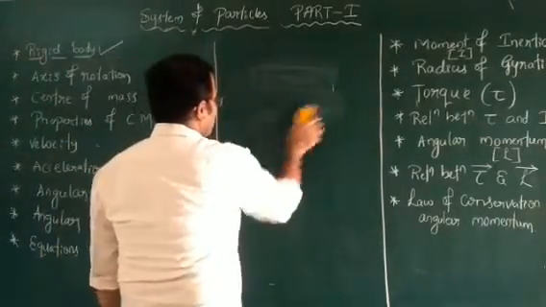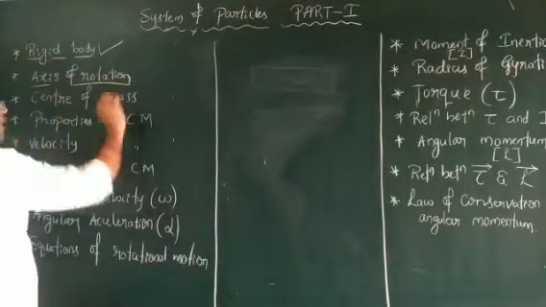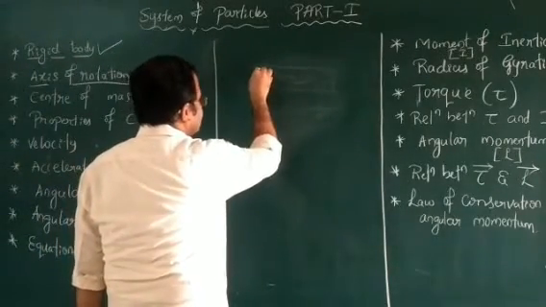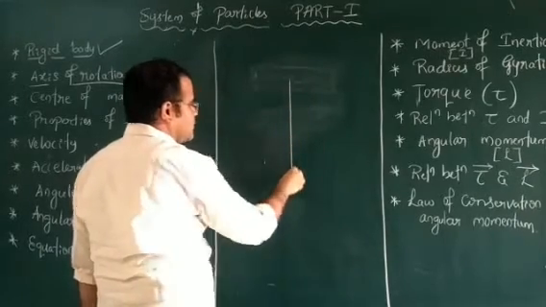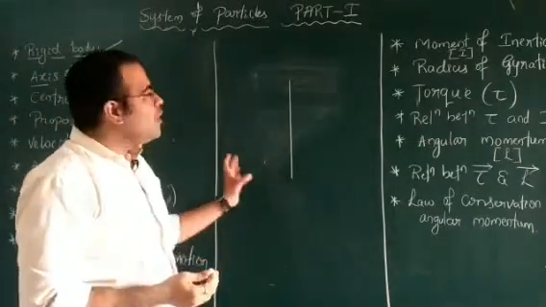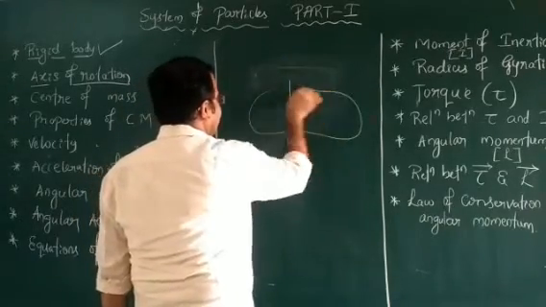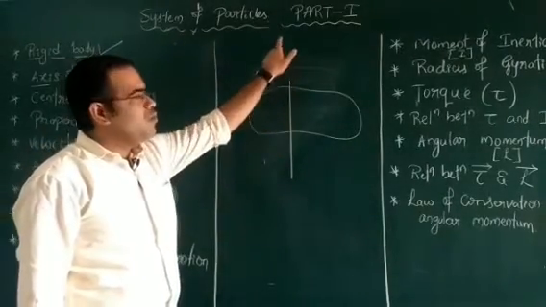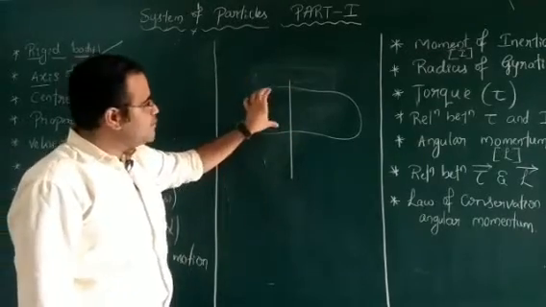Next, what is called an axis of rotation? For example, if we consider this is a body, in this body this is a line along which the body rotates, the line along which the body is fixed. If I consider any one of the bodies like this, here we observe a line along which this body, or the rigid body, is fixed.